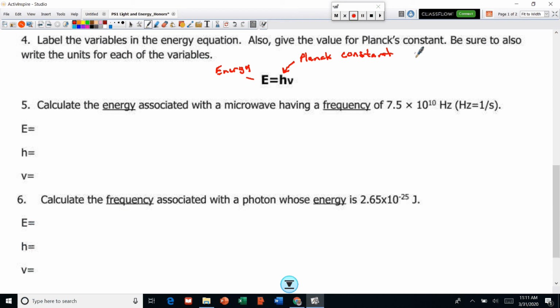These numbers and the formulas are in your reference packet. Planck's constant is 6.626 times 10 to the negative 34 joule seconds.